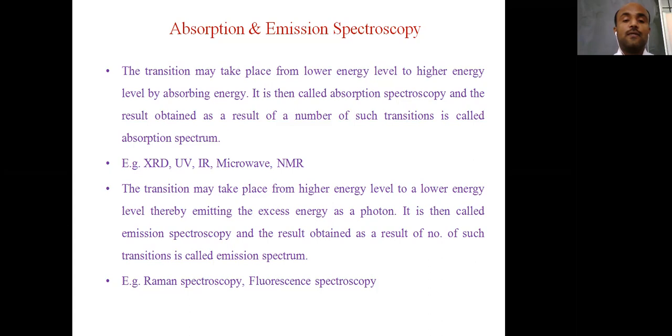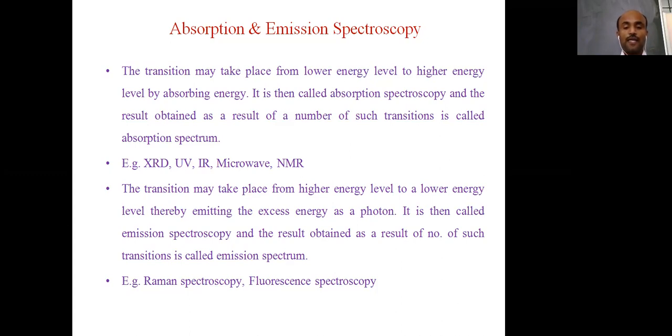And the types of this absorption spectroscopy are X-ray diffraction spectroscopy, UV spectroscopy, infrared spectroscopy, microwave spectroscopy, and NMR spectroscopy.